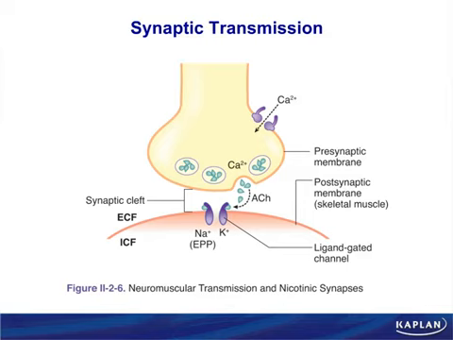On the presynaptic membrane, we have voltage-gated calcium channels. So just as we've discussed, what's going to influence them? Voltage. This action potential is a massive depolarization, and so it's going to open these voltage-gated calcium channels.